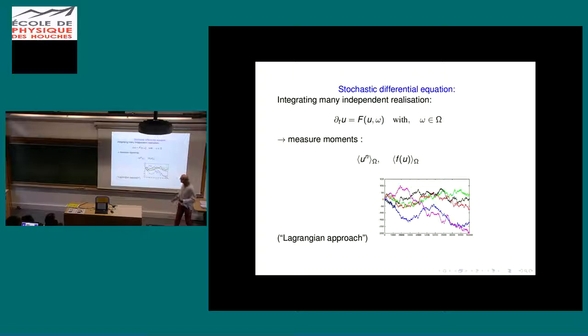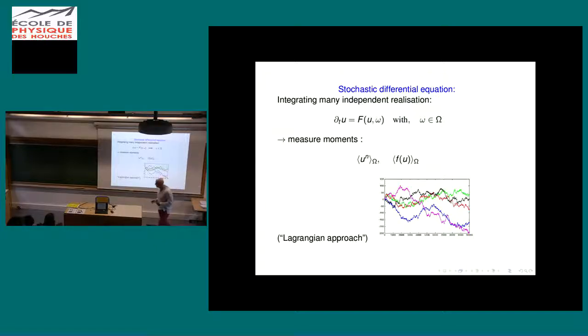I've done it for many millions. And then you can make the statistics, calculate the averages or the moments, or you can also reconstruct the PDF. One could say this is a Lagrangian approach because you follow every particle in this integration.